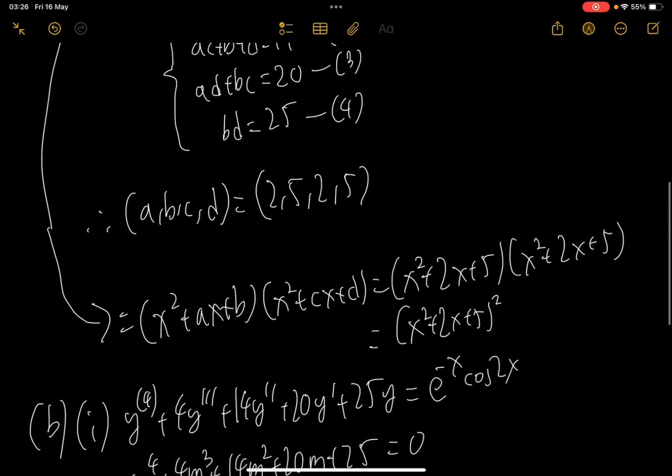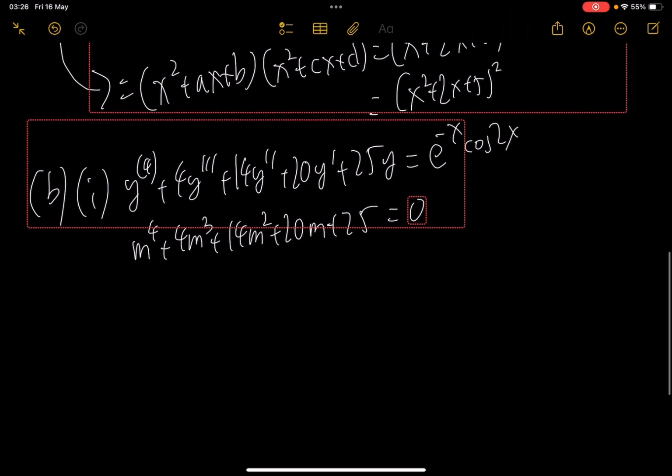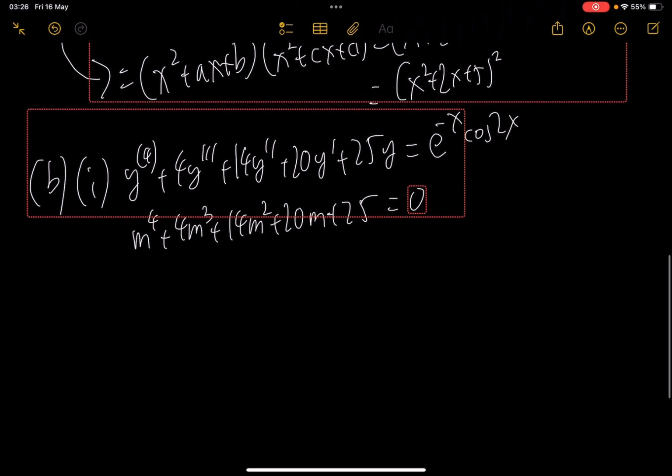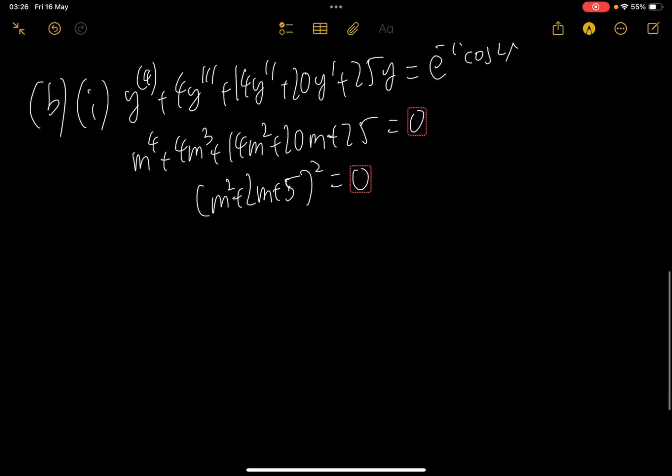And then we just proved this entire thing is equal to that, but here we use the variable m: m squared plus 2m plus 5 squared is equal to 0. Whenever you see something squared equal to 0, remember it has a double repeated root.